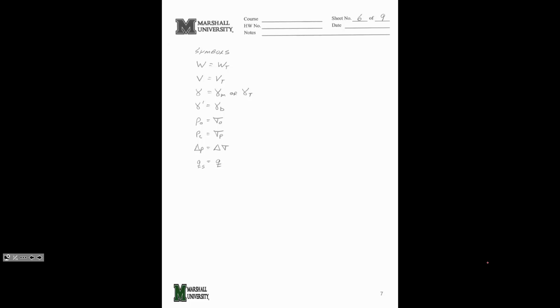They'll use gamma prime, we use gamma sub B. They'll use P naught for the initial stress, we'll use sigma naught in the class. They use P sub C, we use sigma sub P. They use delta P for the change in load in the consolidation scenario, we use delta sigma. And they like Q sub S where we utilize Q. So all it is is a difference in nomenclature.